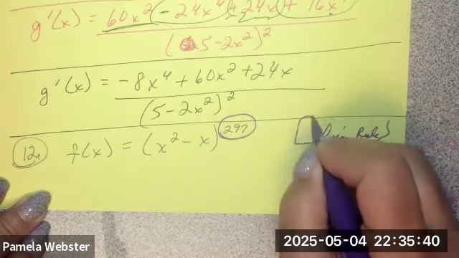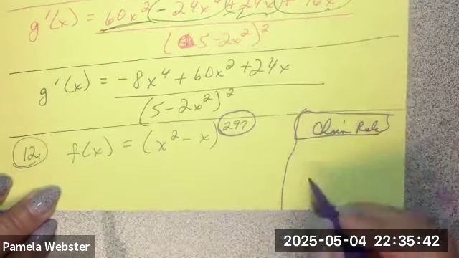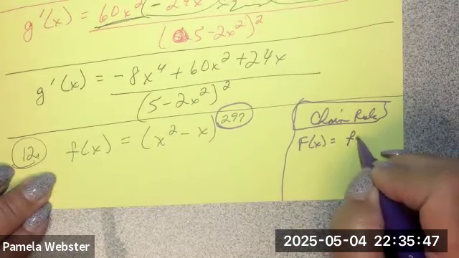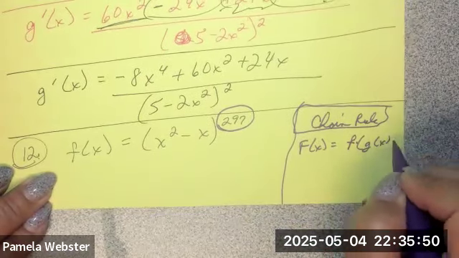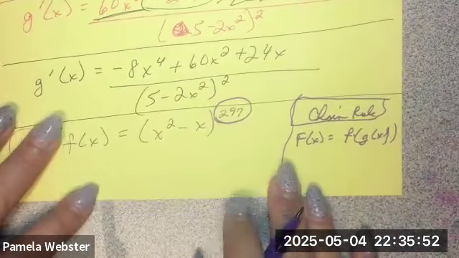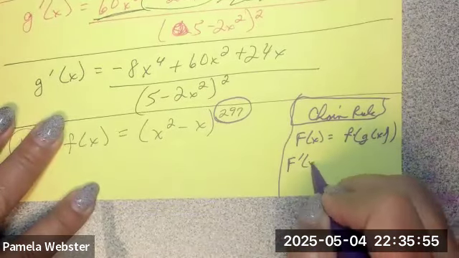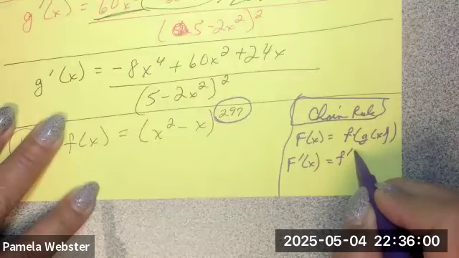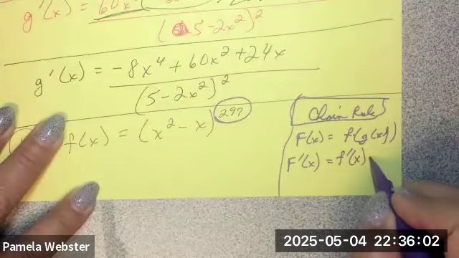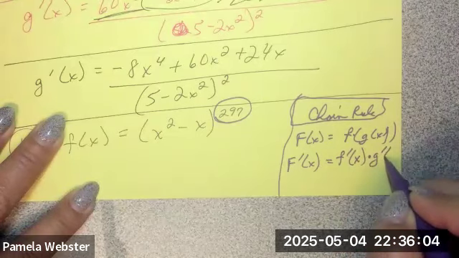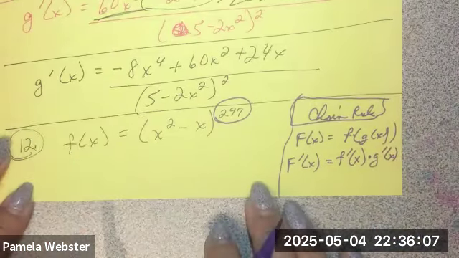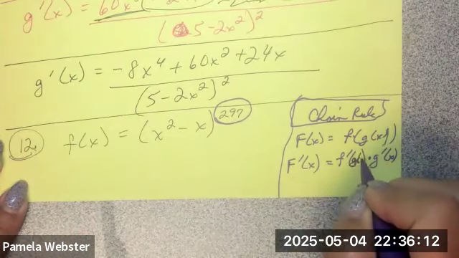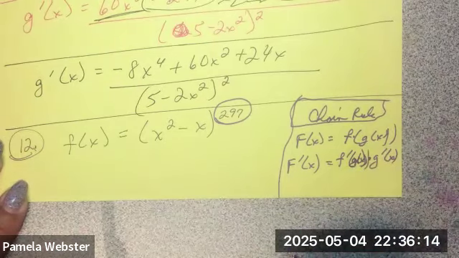And the chain rule says when you've got stuff that looks like this, f of x equals f of g of x, a function inside of a function, then we take that derivative by finding the derivative of the outside function times the derivative of the inside function, right?